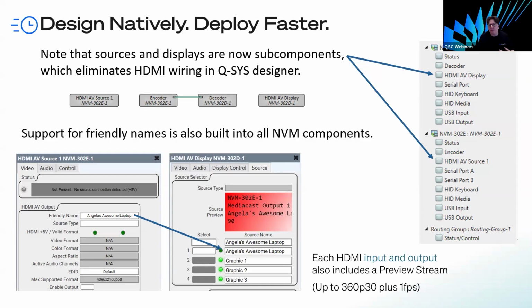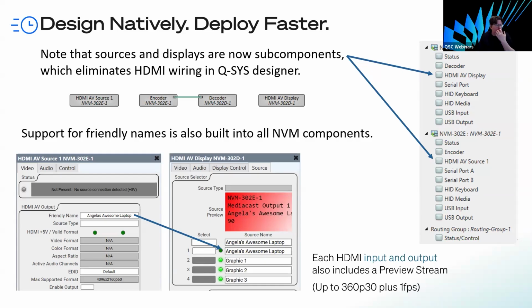So once you've given something a friendly name, that friendly name sort of propagates everywhere, which includes your UCI. So if you give it a friendly name and you want to use the friendly name on the UCI, absolutely can. It's simple and easy, just drag and drop.